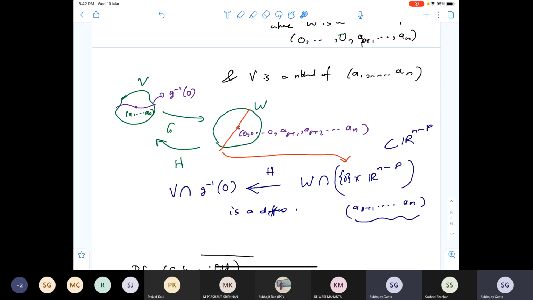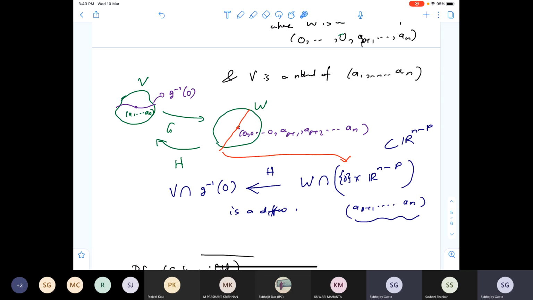Chart is maybe this way, but this is in a neighborhood of this point A1 to AN. So this defines a neighborhood of that point, and this is parameterized by some open set in Rn minus p. Okay, and that's what you want to have a manifold.